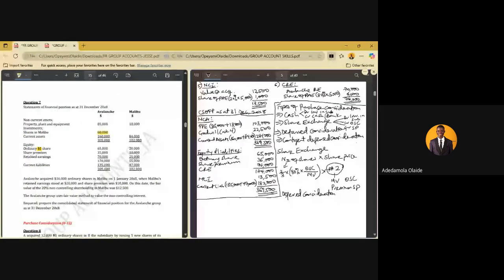What do I mean? To present value a future deferred consideration, we use the formula A into bracket 1 plus r raised to the power minus n. With this we get the value of what we want today, and the calculated value is what we recognize in our books as at today.